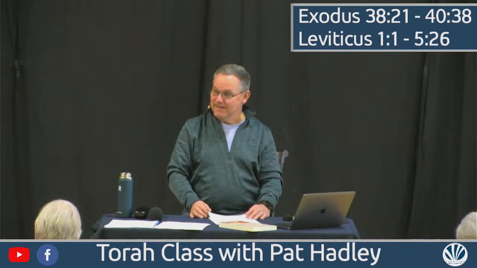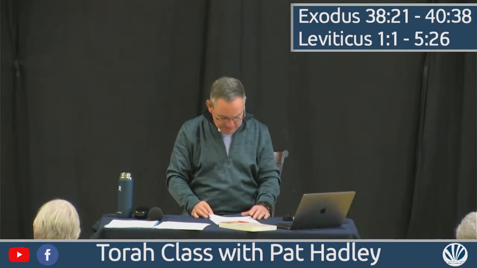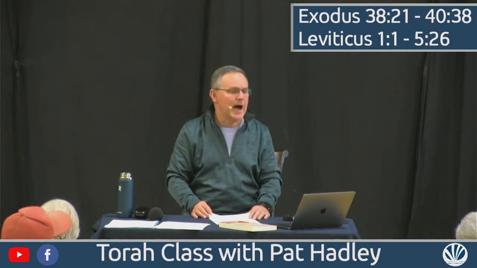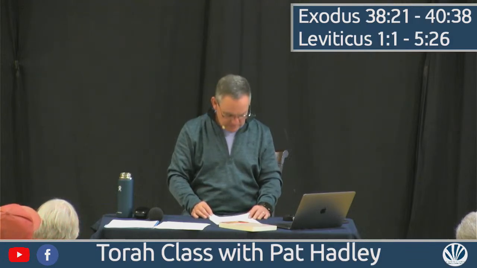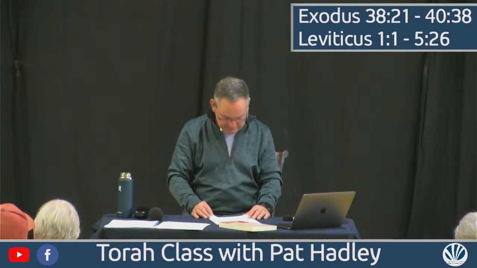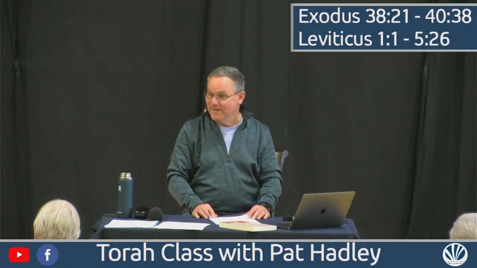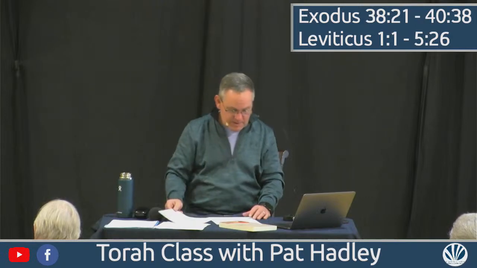Now, this offering is connected to the next offering, which is the asham, or guilt offering. A person guilty of any of these things is to confess in that manner and bring his guilt offering to Adonai for the sin he committed. It is to be a female from the flock, because we don't want to get rid of all the males. A lamb or a goat.